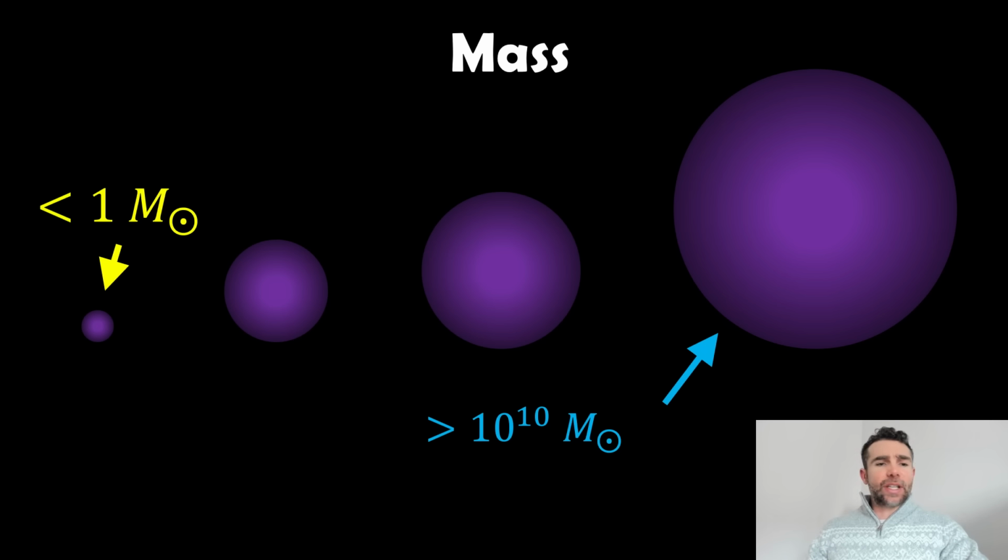If you haven't come across this symbol before, the M with the circle and the dot in, that means a solar mass, so the mass of the sun. We can have black holes less than that, so quite small black holes actually. And then we can have them all the way up to greater than 10^10 solar masses. That is an enormous mass for a single object. And actually we have black holes all the way in between as well.